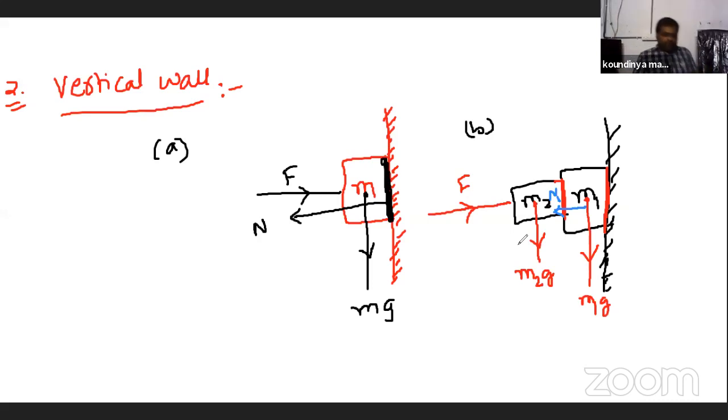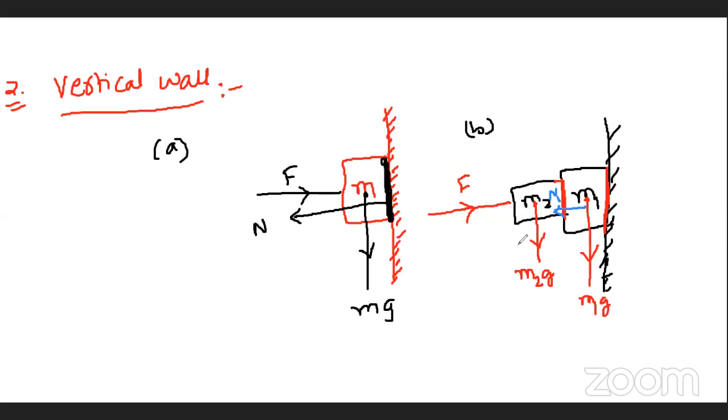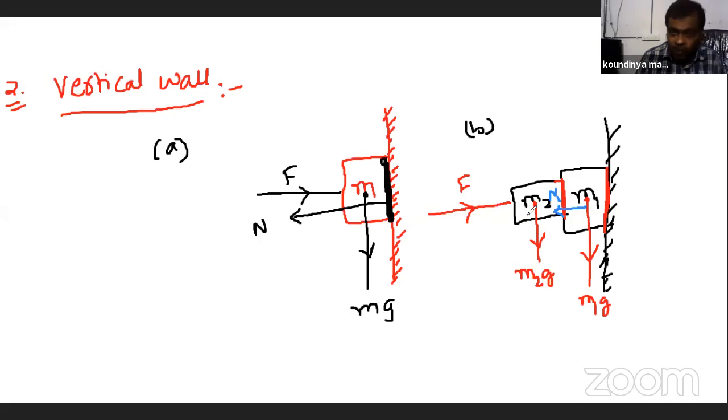The normal force of m2 is n2, and n1 is also acting on m2. So the total normal force is n1 plus n2. Normal force we got, and the applied force we got.